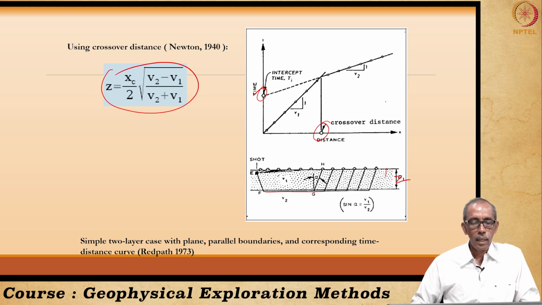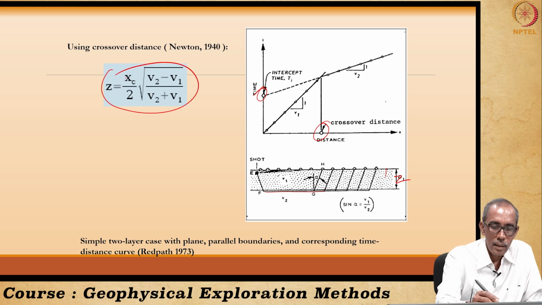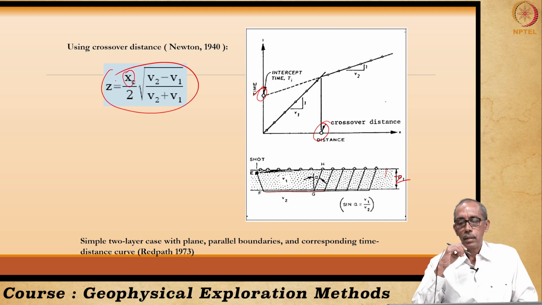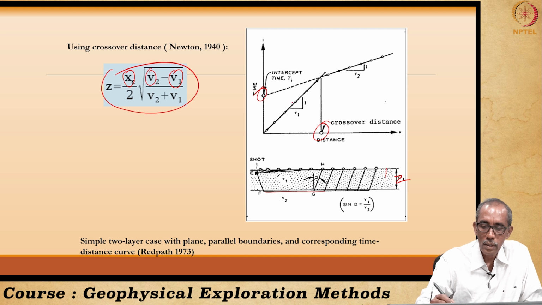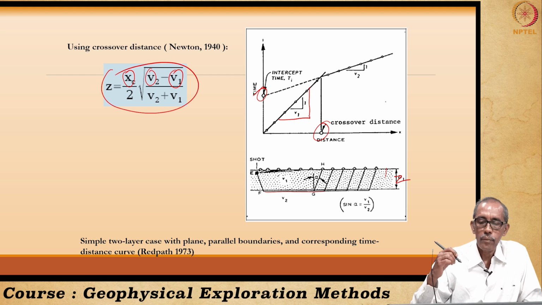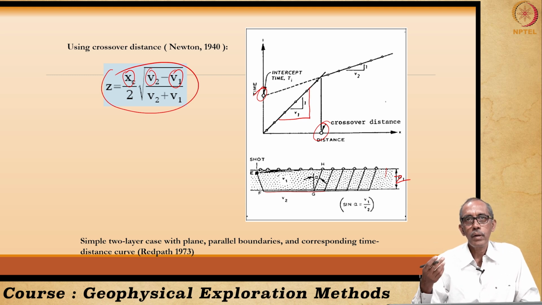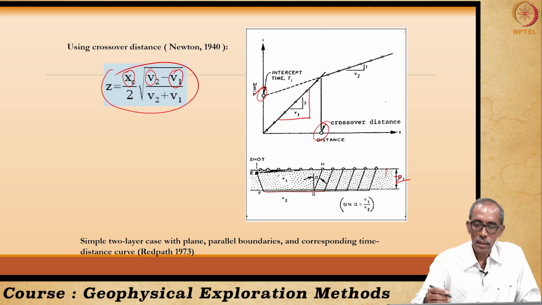This is the crossover distance. V1 and V2 are the velocities. How do we estimate V1? V1 is the distance travelled and the corresponding time; in other words, the inverse of the slope of this line is the velocity, V1. Similarly for V2.